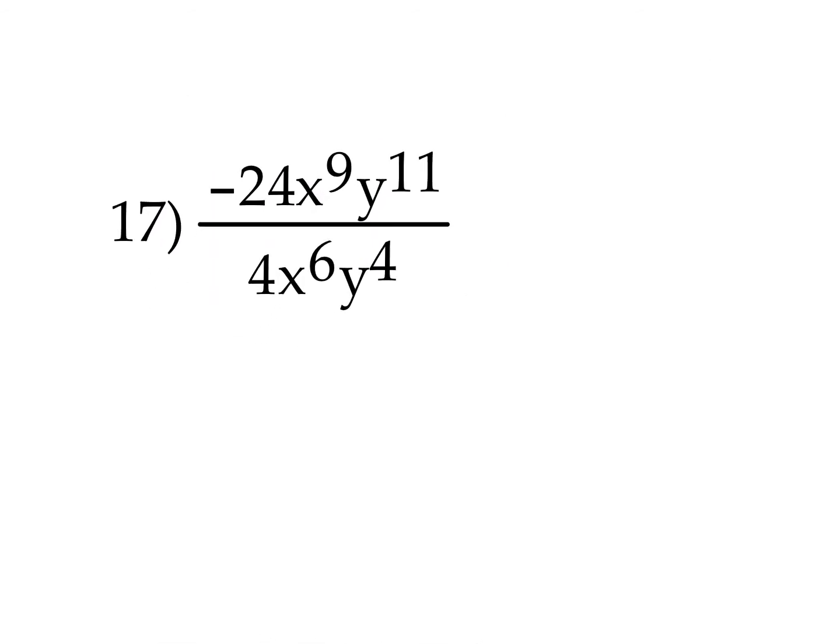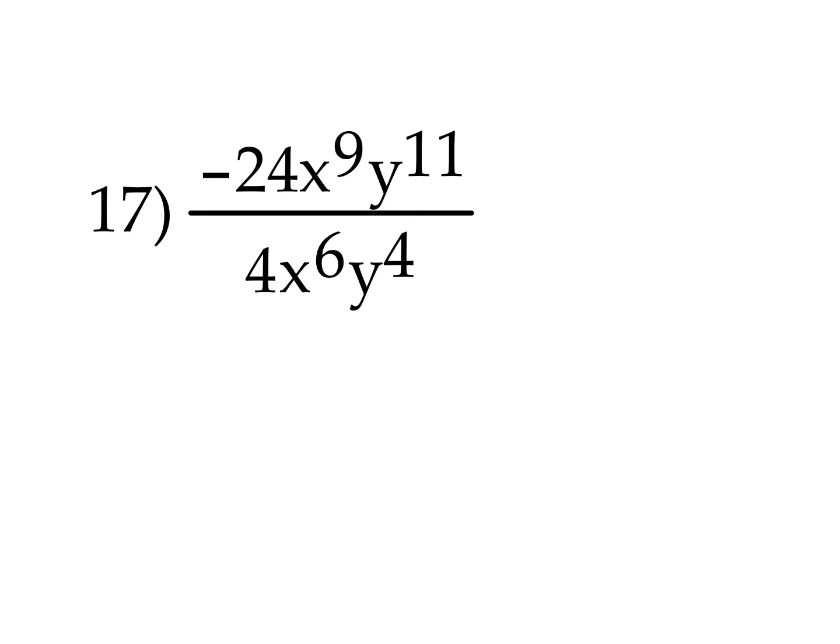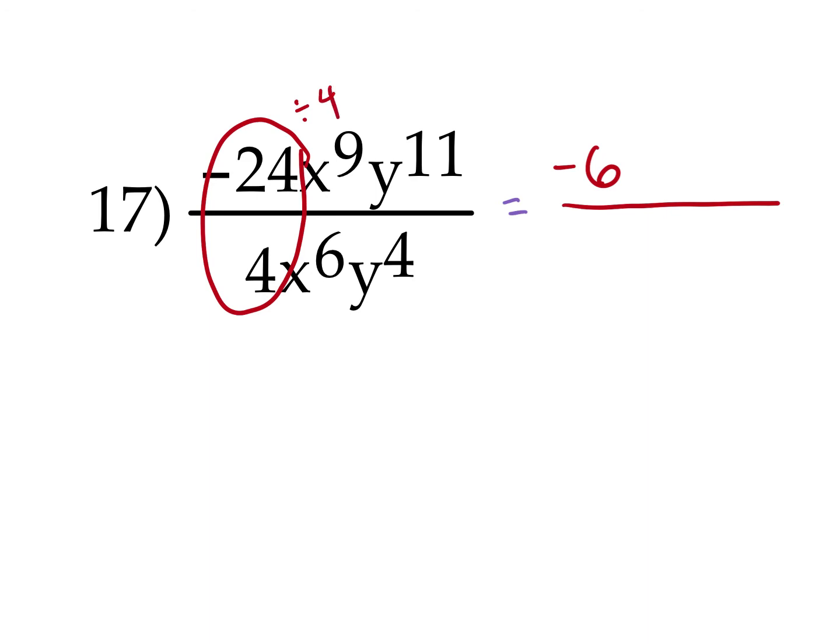All right, let's look at 17. What can I do first for 17? Negative 24 divided by 4 would be what? Negative 6. Is that on top or on the bottom? On the top. Because just think about it. We're dividing both of these by 4, so it'd be like 6 over 1. Now what do I do with the x's?